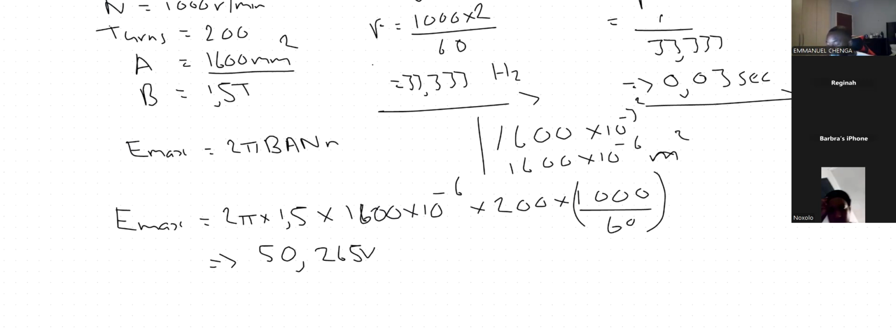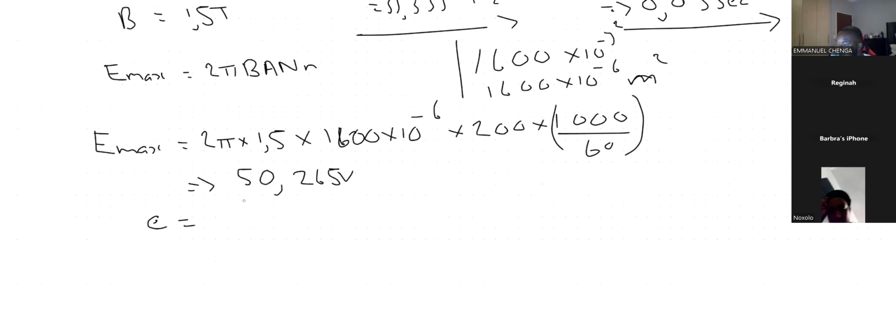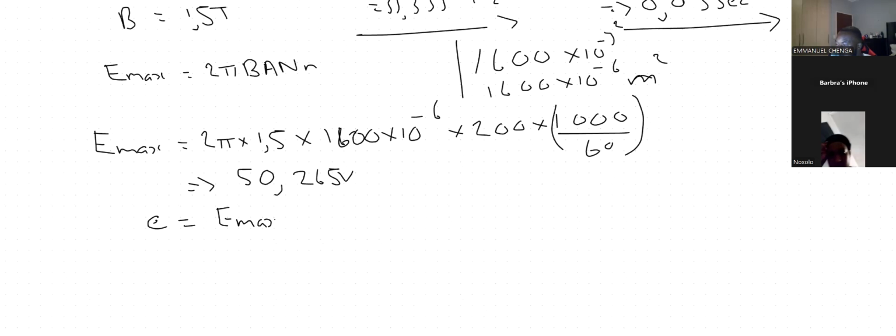On D, now they want you to find the instantaneous value 60 degrees after the beginning of the cycle. So they want you to find the instantaneous value being produced whenever your shaft has rotated 60 degrees. How do we calculate our E? Since we are given the angle, I'll use E equals Emax sine theta, which is 50,265 sine 60.